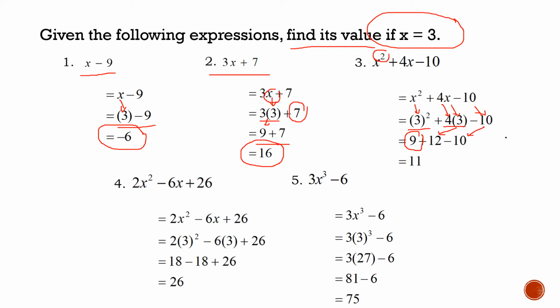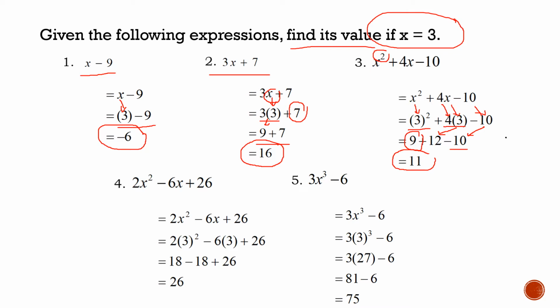So 9 and 12 are both positive numbers, so we can add their values. So 9 plus 12 is equal to 21. Next, minus 10, so meaning to say 21 minus 10 is equal to positive 11. So this will be the value of your third expression.